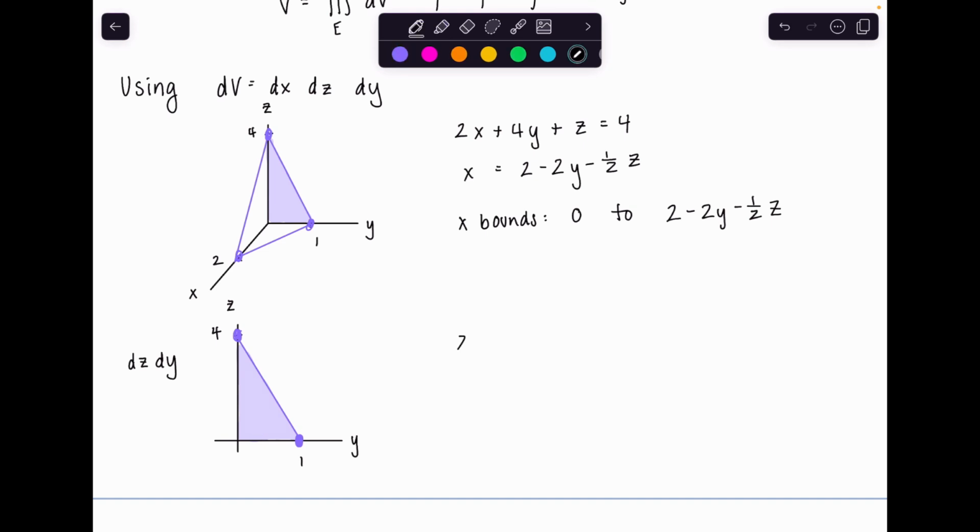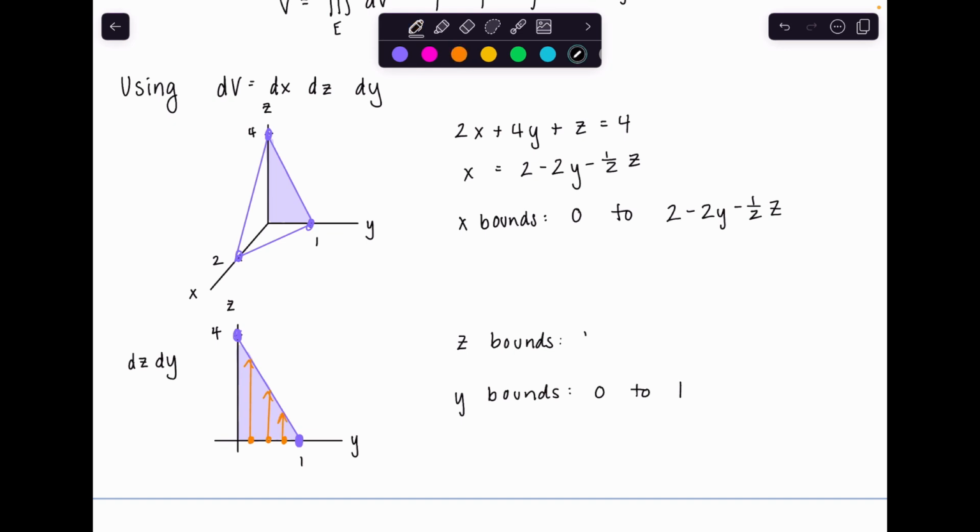We need z bounds, and then we need the y bounds last. And that's easiest. The constants that y changes between are 0 to 1. So in this case, what I do is I pick my y variable, and that will tell me what z changes between. And regardless in the figure, regardless of the y, it starts at 0, and it's going to go up to this line.